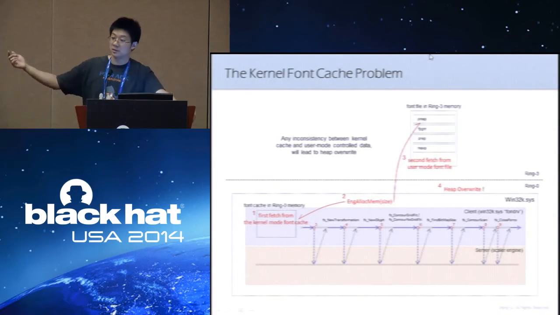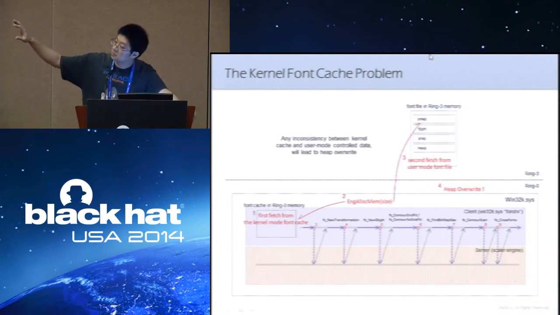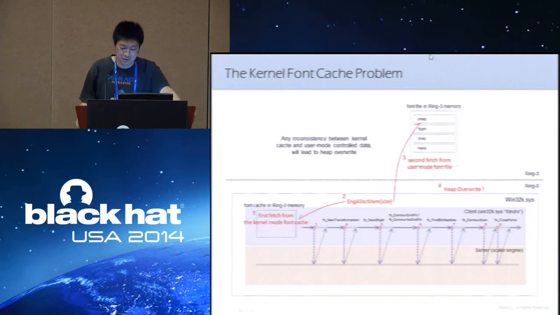The first time, the engine fetches from the kernel mode cache and allocates memory from the kernel heap, and the second time it fetches from the user mode controlled font file format. And if there is inconsistency, it means heap overwrite.